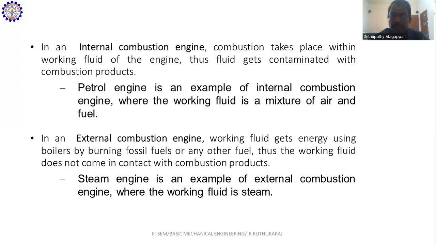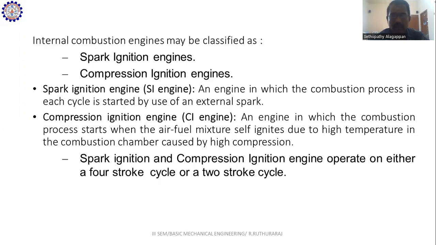In boilers, we make heat outside by using fuels, but the water inside becomes steam due to high temperature, with no contact between the fuel and the water. So these types of engines are called external combustion engines.